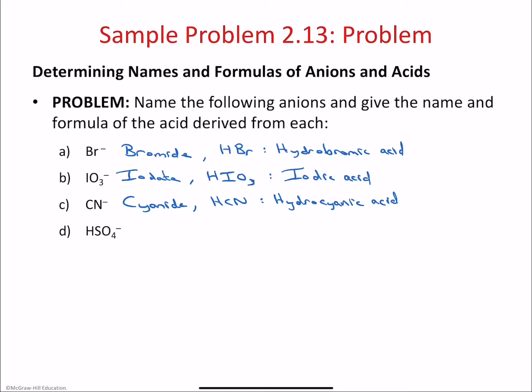So this is hydrogen sulfate, HSO4-. So if I add a hydrogen to that, I would get H2SO4, and I get sulfuric acid. So there you go. You should be able to name any of these acids by examining the anions.